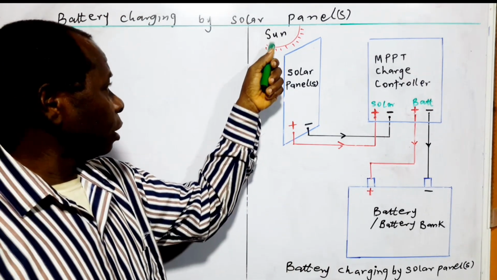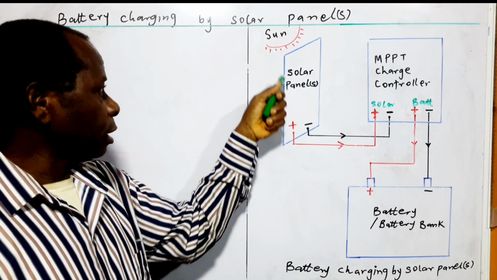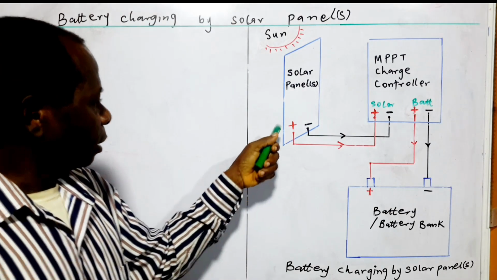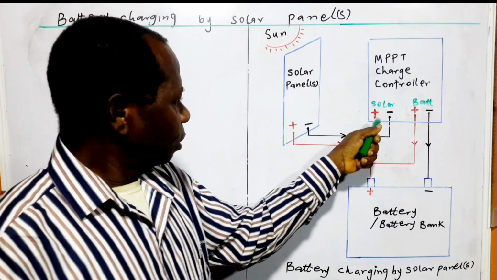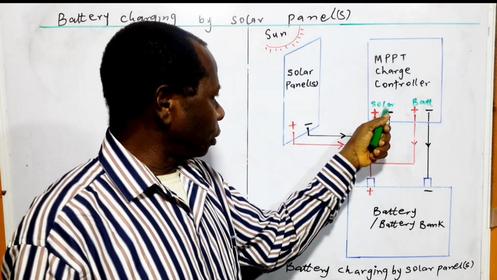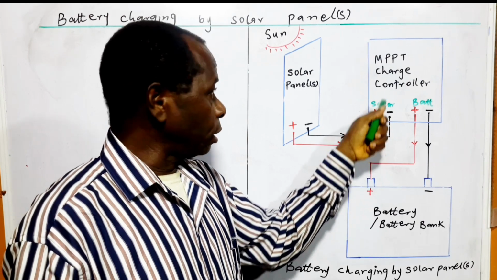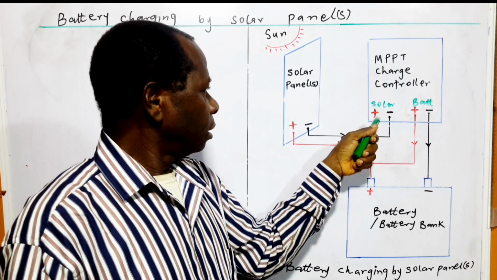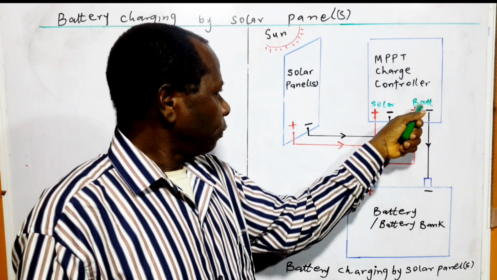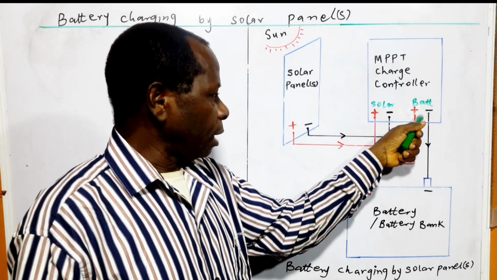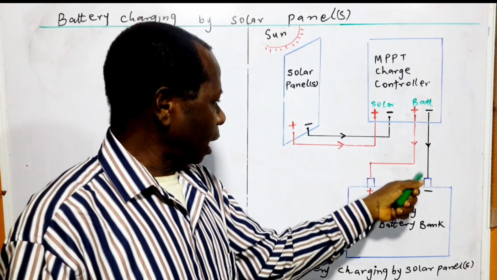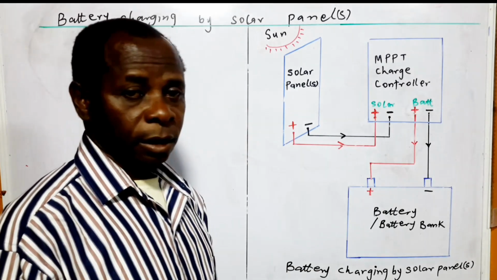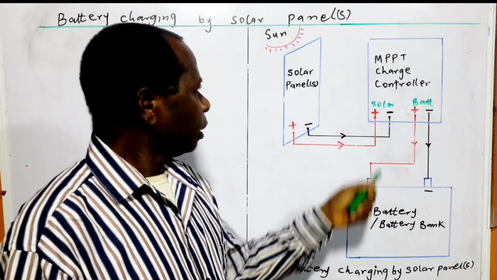So here we have the sun with sun rays falling on the solar panels. Then from the solar panels we go to the solar terminal of the MPPT charge controller, and from the battery terminal of the MPPT charge controller we go to the battery, as clearly shown here.